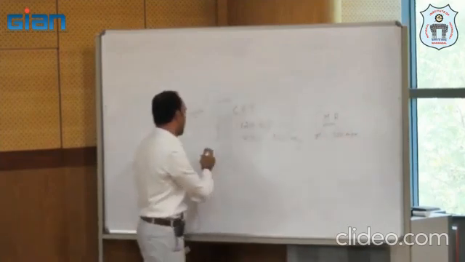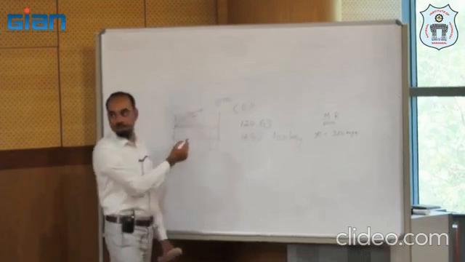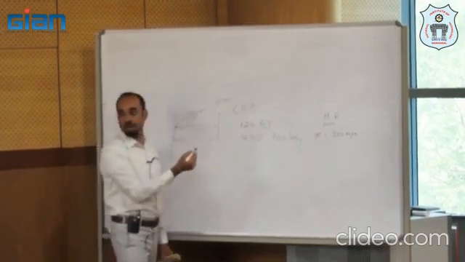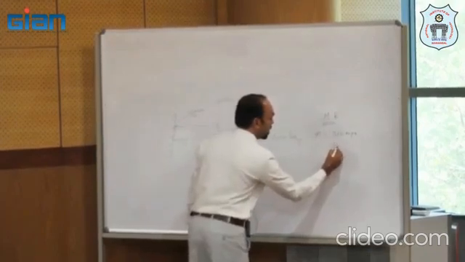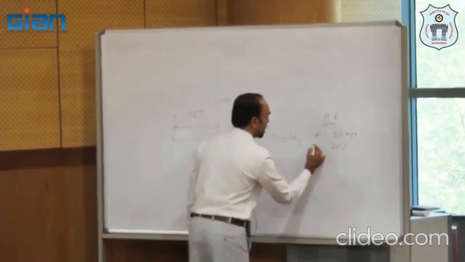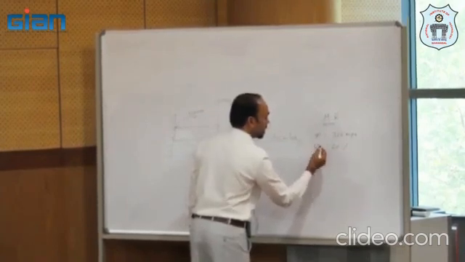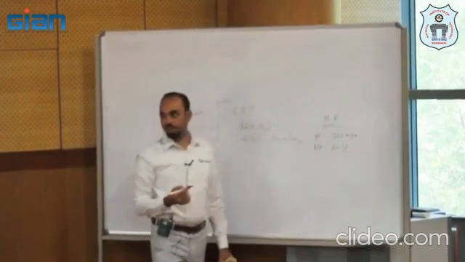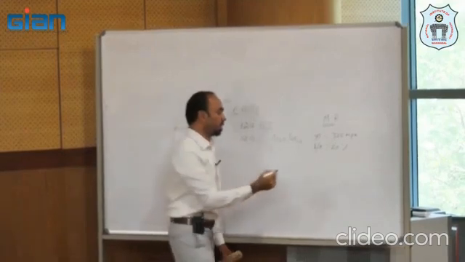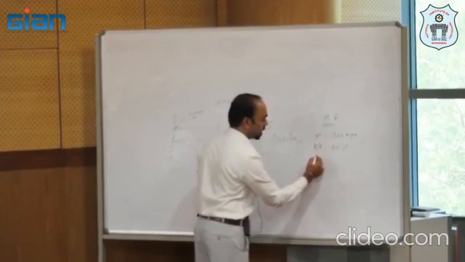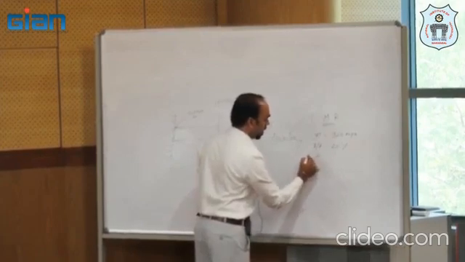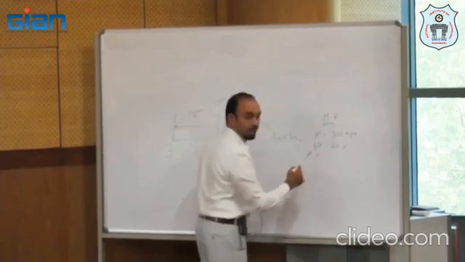Next, I can do further optimization, or I can consider the elongation limit. That could be 20%. Then I will talk about the Young's modulus and Poisson's ratio, or I can just call it epsilon.